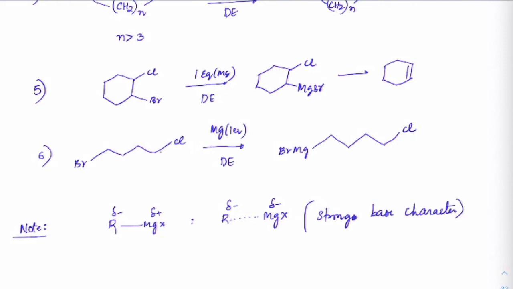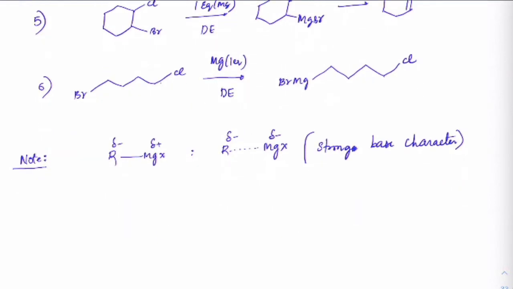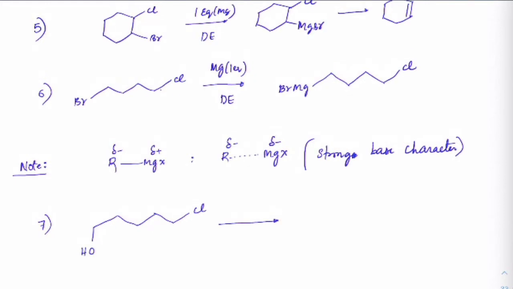They will always show this strong base character, which means suppose I take a substrate like this alkyl halide, with OH on one end and chlorine on the other end.